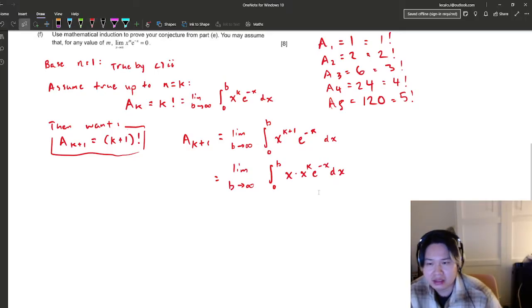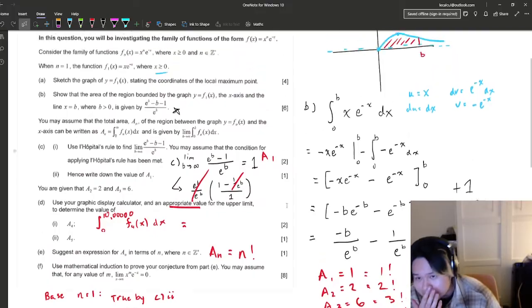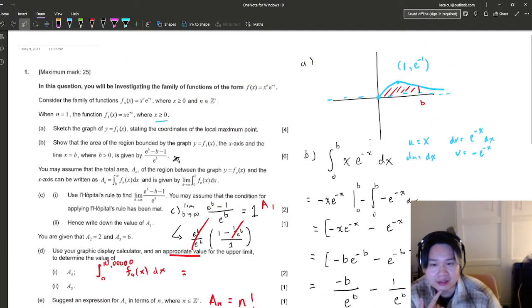Okay. You can't split up an integral when it's multiplication, but we're gonna take inspiration from this one, right? And we're going to do integration by parts.